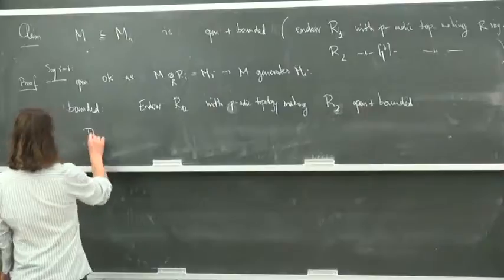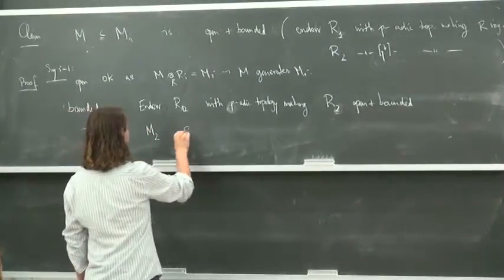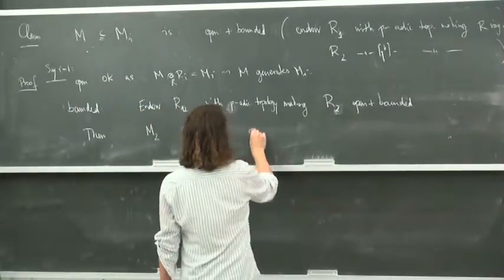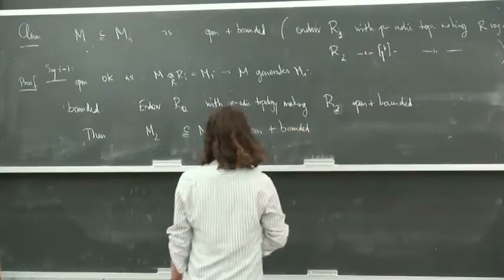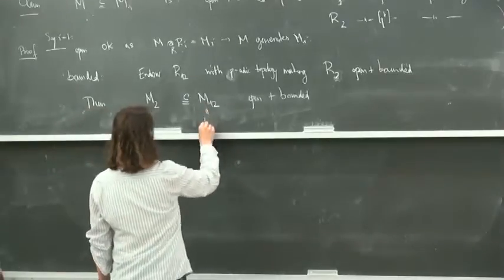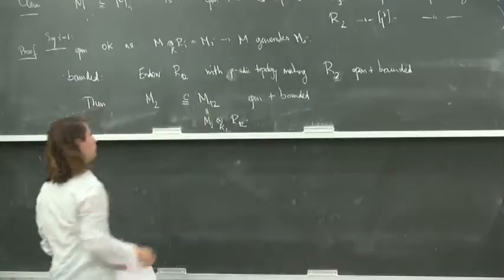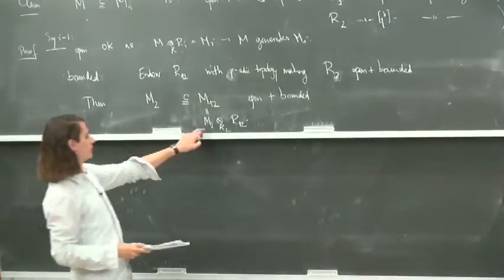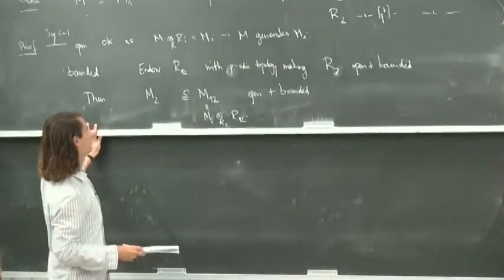So then with this topology, M1 contained in M12 is open and bounded. And M2 is finitely generated over R2, so it's bounded, and it's open because it generates the whole thing.